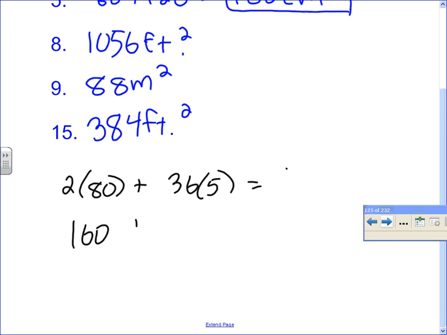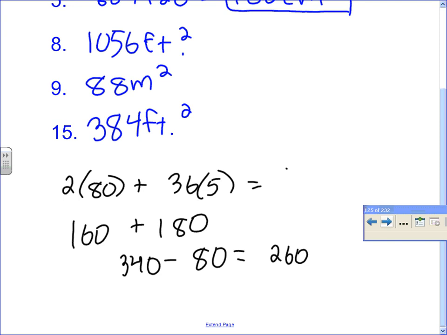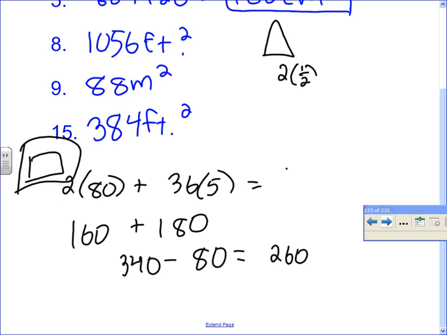Okay. So you got 340. Okay, then you subtracted 80 because that was the base. Okay. Yeah, I'm just going to put a rectangle around there. Okay, go ahead. Okay.